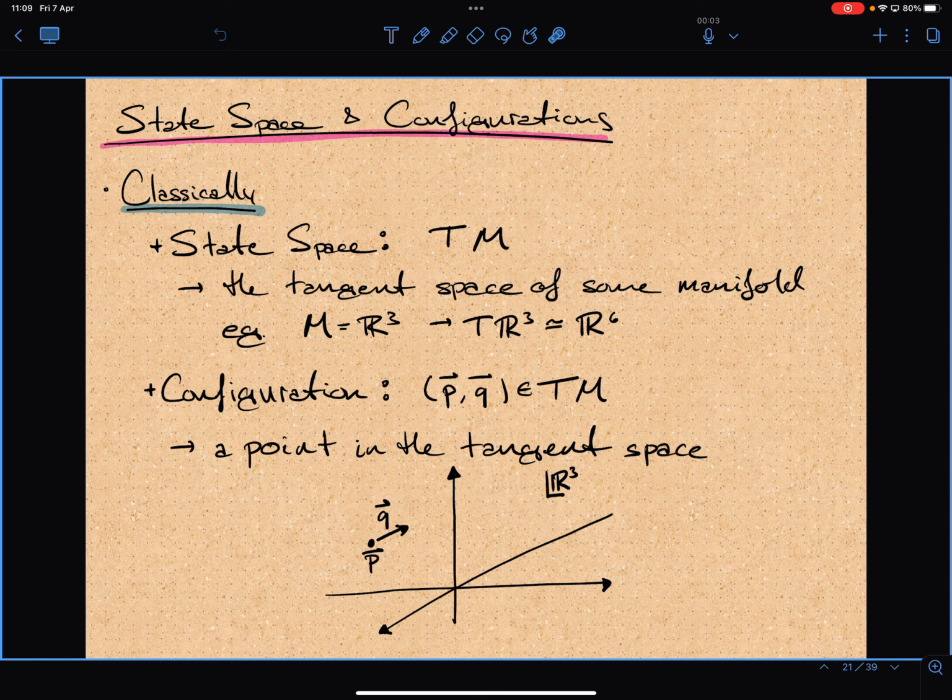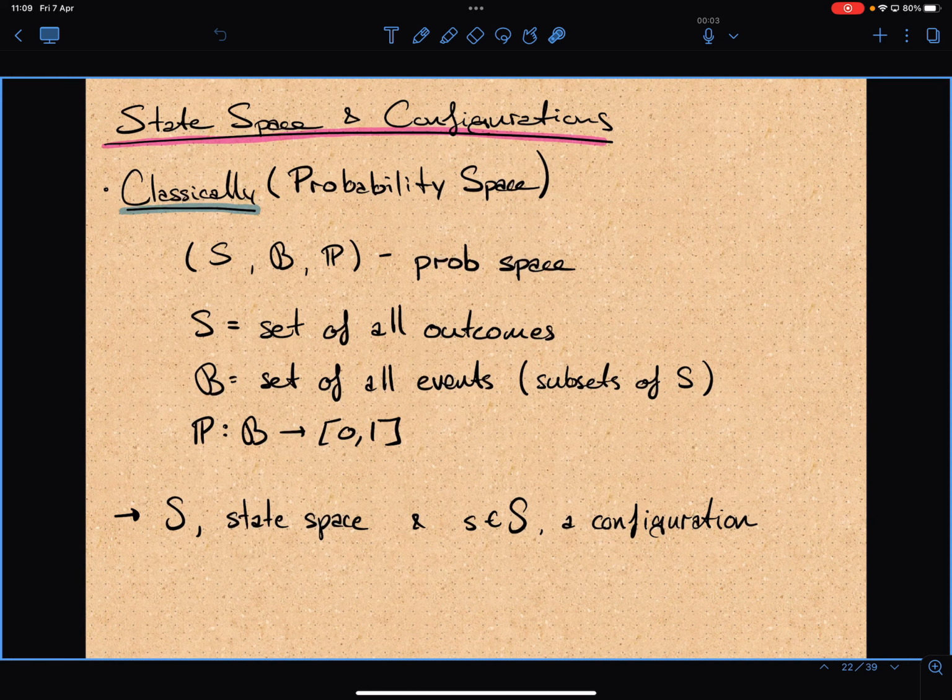So when I think of the classical case, I actually think more in terms of probability. It's possible to take the picture that we had before and convert it into quantum mechanics, but in that case you're moving from something infinite dimensional to something much more infinite dimensional. So things get a little bit hairy.